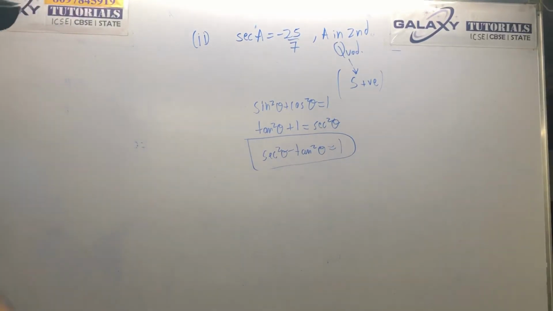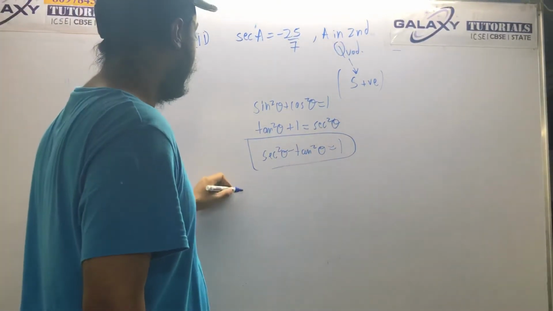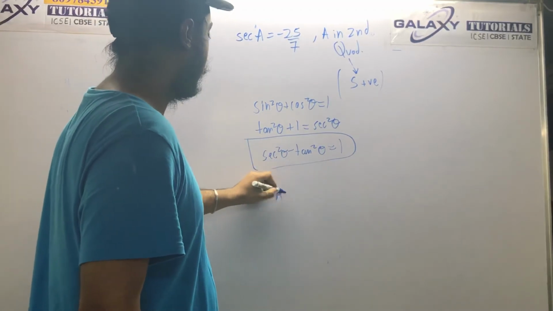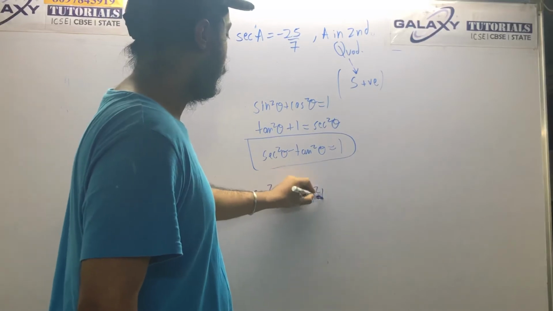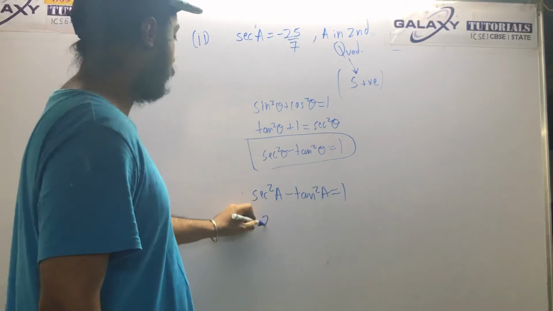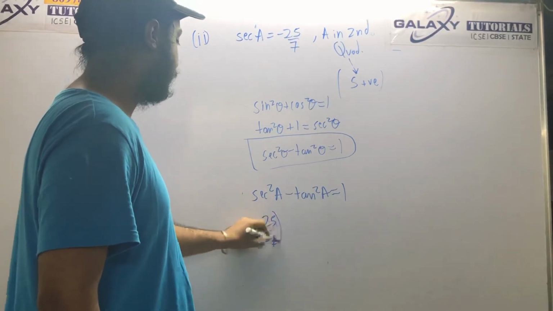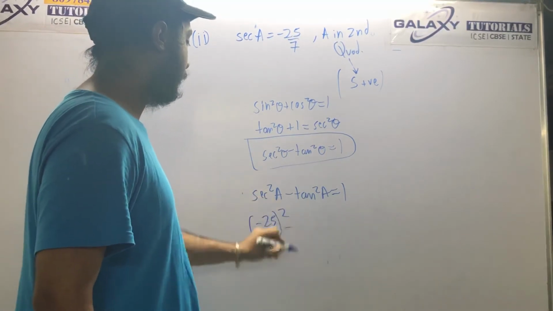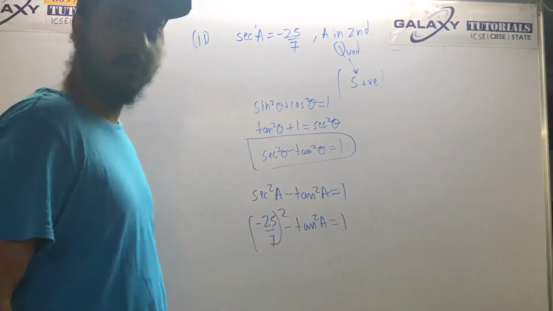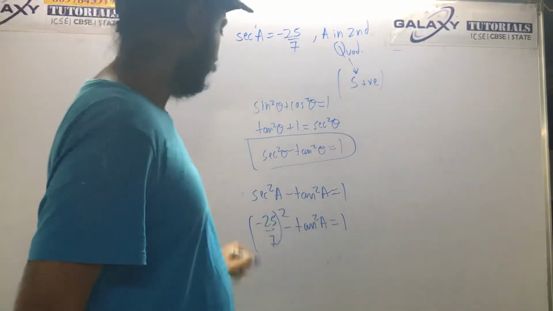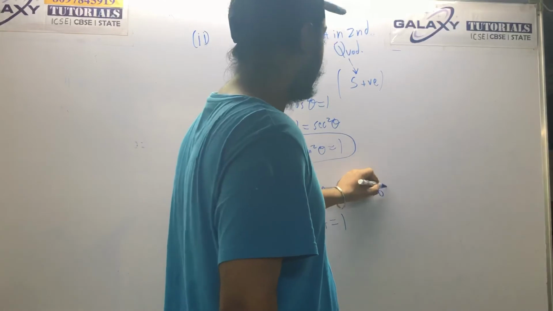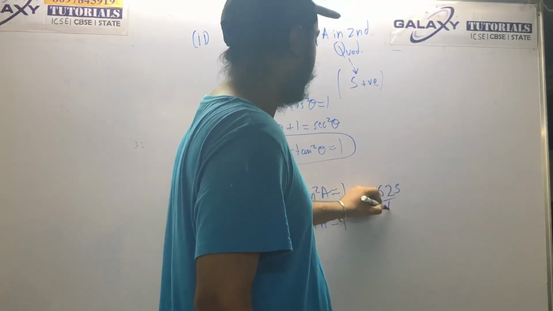So secant square A minus tan square A is equal to 1. Secant square A will be what? Minus 25 upon 7 square minus tan square A is equal to 1. Now 25 square is 625, 7 square is 49.